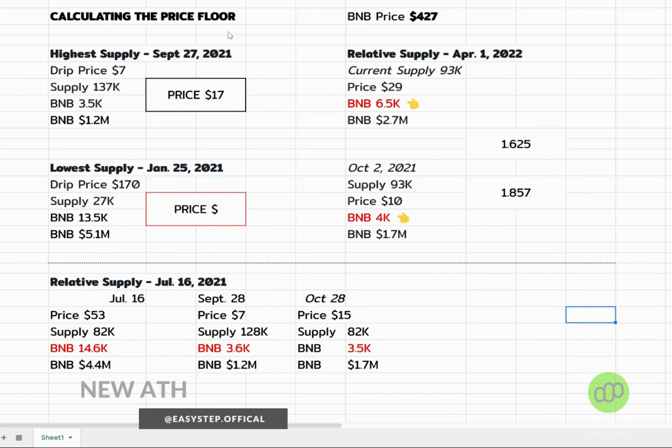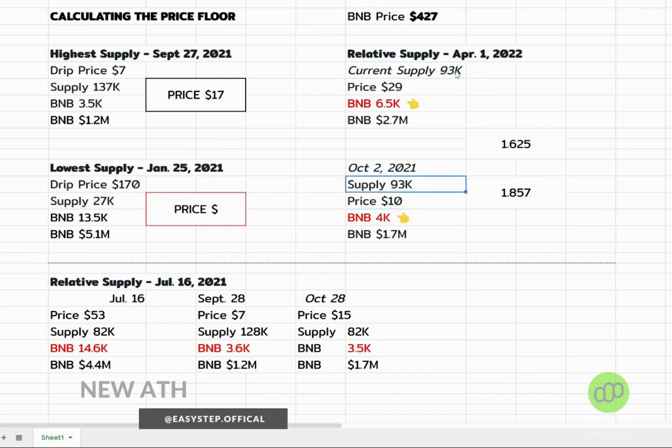Okay, now what we did is we looked at our current supply on April 1st, which was 93,000. And we noticed that we had that same supply of 93,000 on October 2nd. But the difference is that on April 1st, the price was $29, and on October 2nd, the price was $10, although the DRIP supply was 93,000.